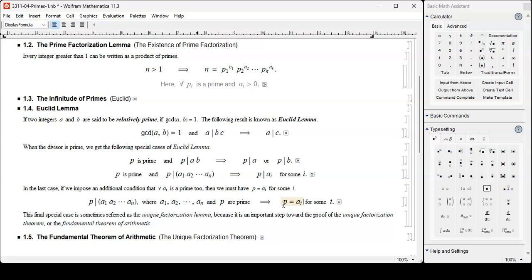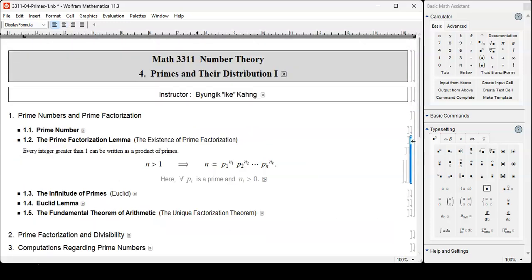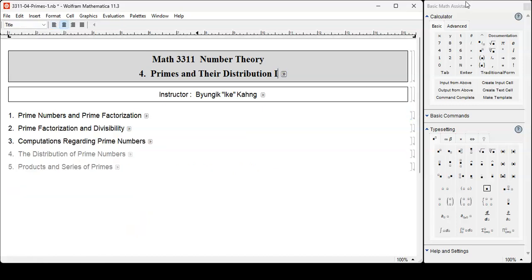You see, p divides ai, which has only two factors, 1 or itself. P is not 1, so it has to be itself, ai. And this way, if you have a product of primes and a prime divides that product, then p belongs to one of those. And this final expression is going to be useful in proving the unique factorization theorem, or the fundamental theorem of arithmetic, which we are going to start shortly.